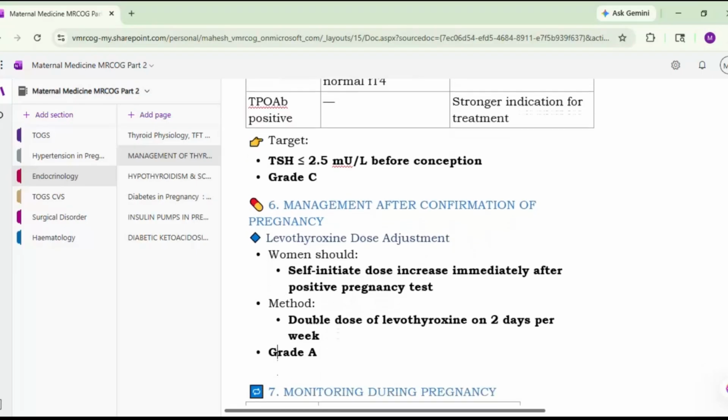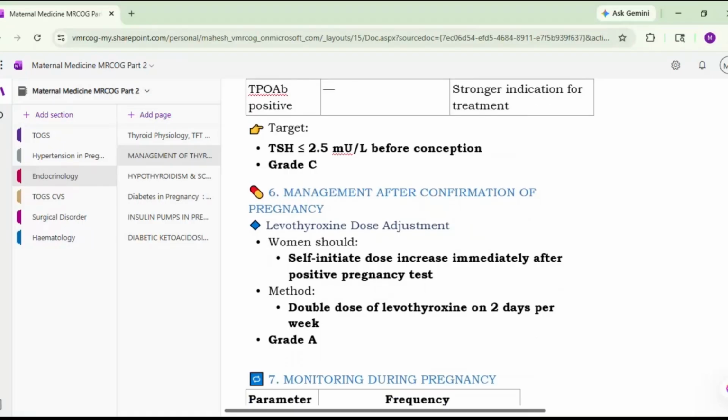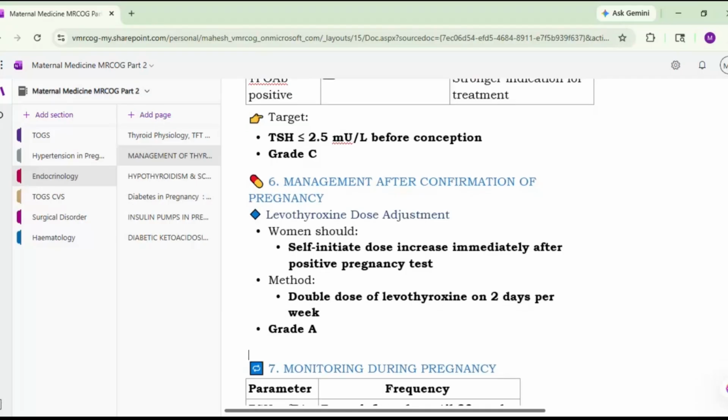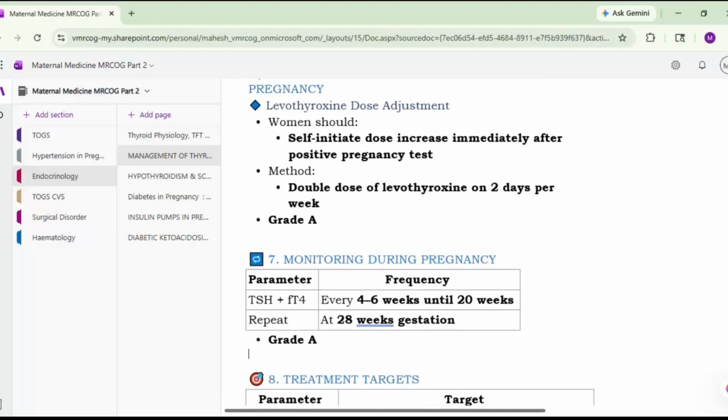So if she is on treatment, she should increase the dose on her own immediately after the positive pregnancy test. She should double the dose of levothyroxine on 2 days per week. So out of 7 days she is taking this, on any 2 days she can double the dose.